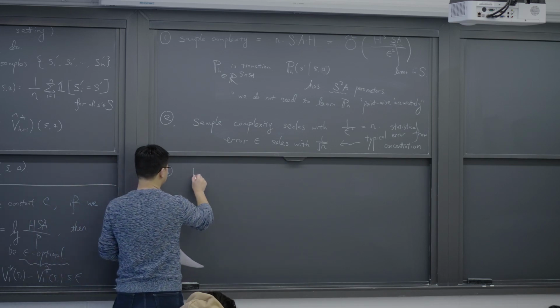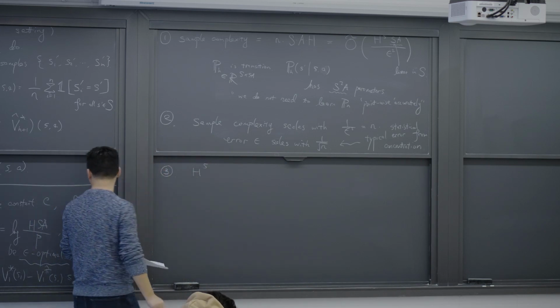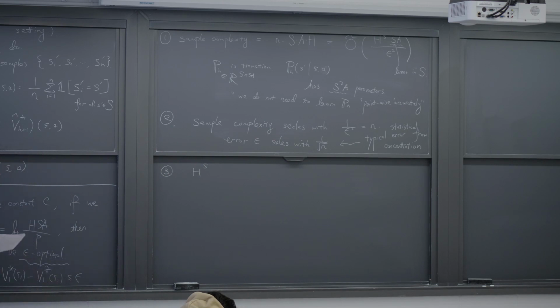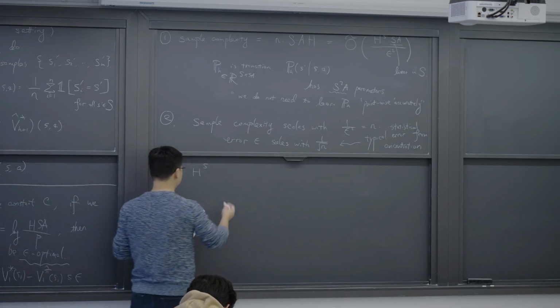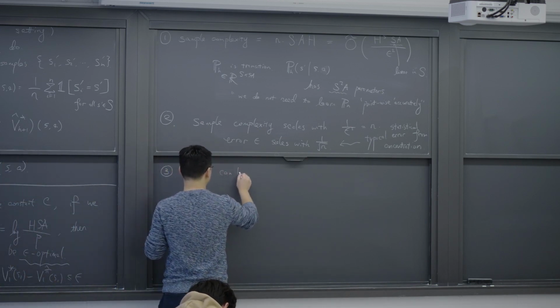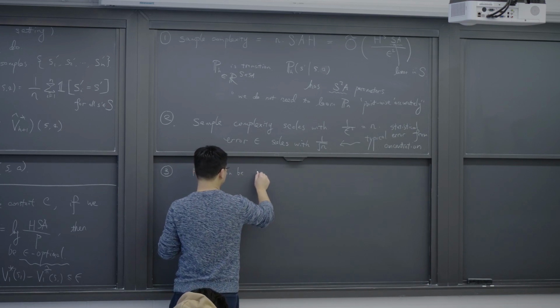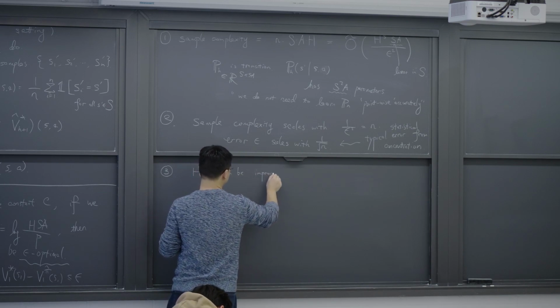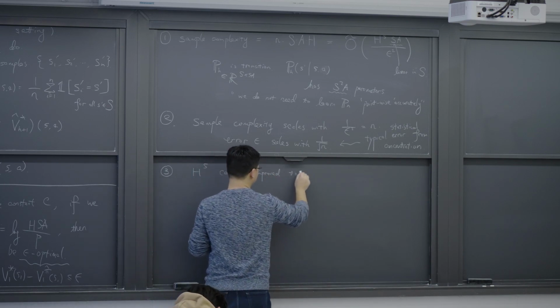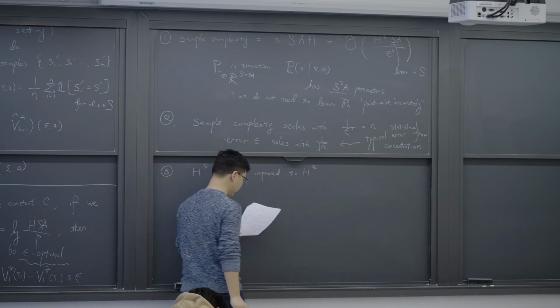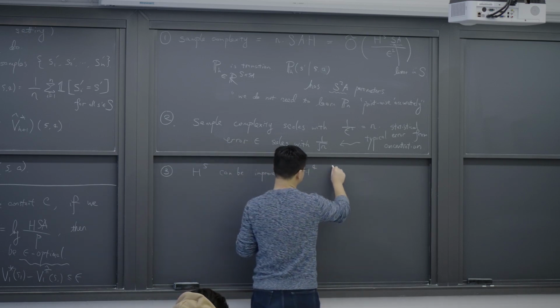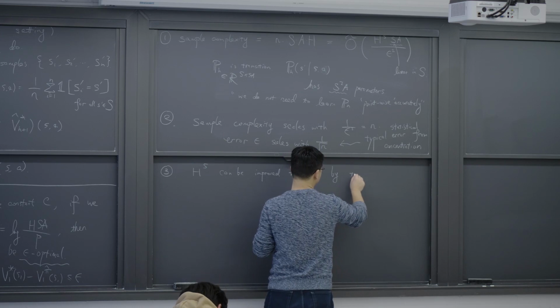So in this class, we will just introduce a slightly simpler proof. We will essentially get the H to the 5th sample complexity. But this H to the 5th can actually be improved to H to the 4th by using a slightly tighter analysis.